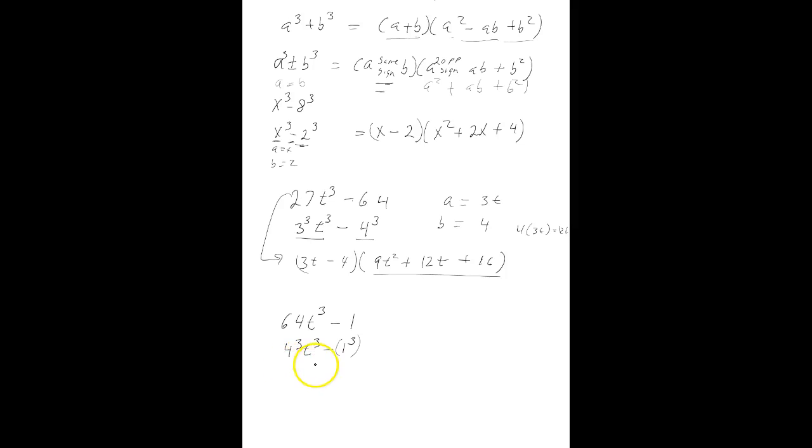Okay, so it's minus, so it's going to be a, which would be 4t, minus 1 times a squared, which would be 4t squared, so it would be 16t squared, take the opposite, plus 4t times 1 would be 4t, and then plus 1 squared, which is 1. So it gives us 4t minus 1 times 16t squared plus 4t plus 1.